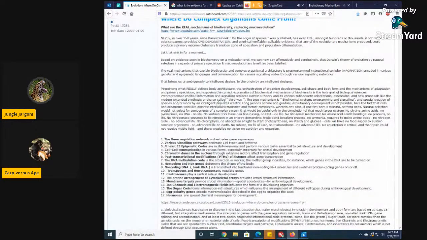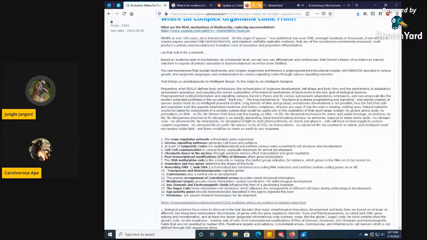Pre-programmed codified information and signaling replaces Darwin's theory and its various subsequent adaptations, extensions, and new proposals like the modern extended synthesis or so-called third way. The true mechanisms are biochemical systems, programming and signaling, and special creation of species and/or kinds by an intelligent, powerful creator; long periods of time and gradual evolutionary development is not possible.